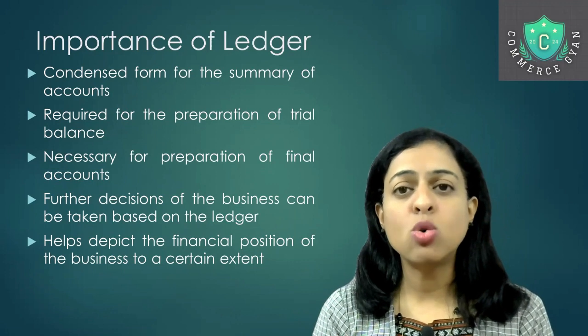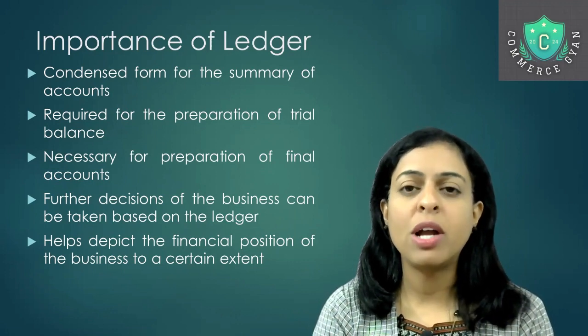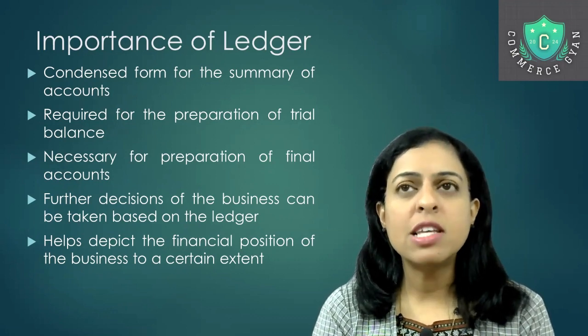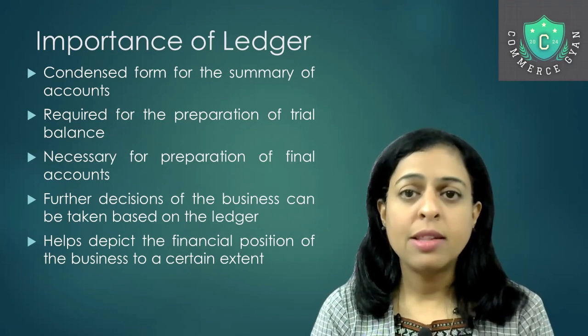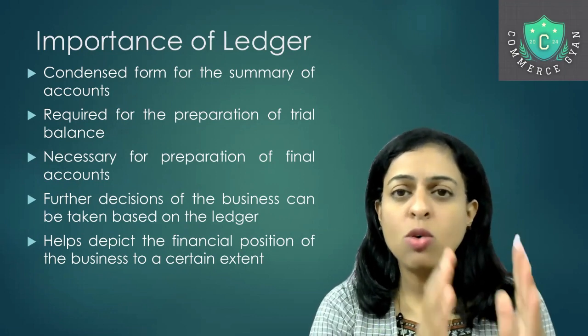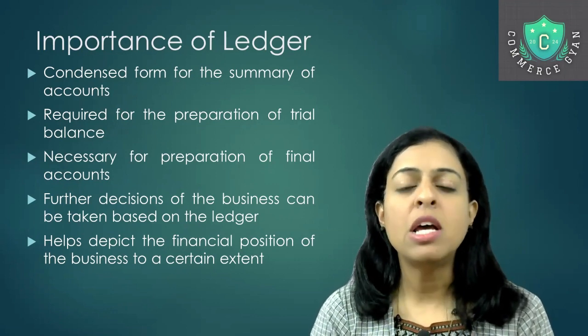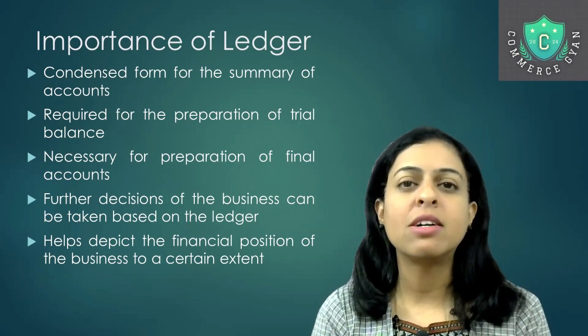And as I told you, when you have a summarized, classified format in front of you of different accounts, you can take certain decisions. I will say, okay, compare the sales figures for the month of April and May. Then how will you find out? You'll say, okay, take the ledger. Ledger shows me the figures for sales of April. Ledger shows me the amounts for the sales of May, and I compare and take a decision.